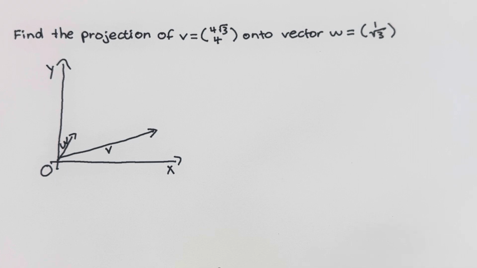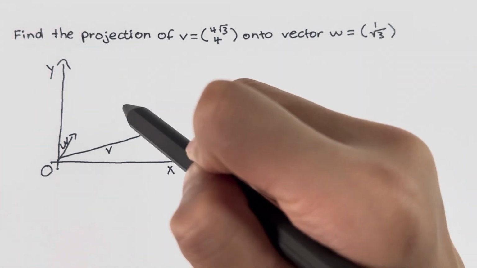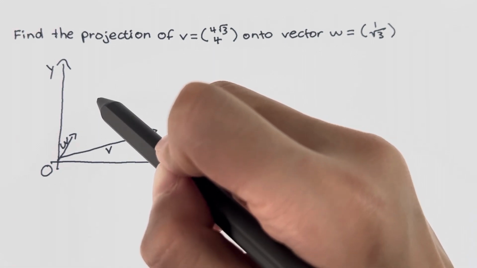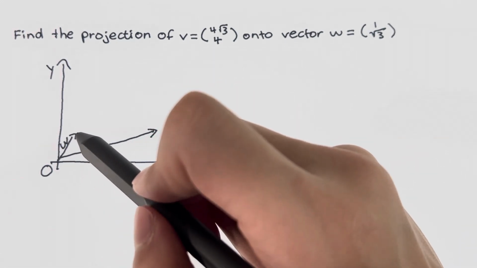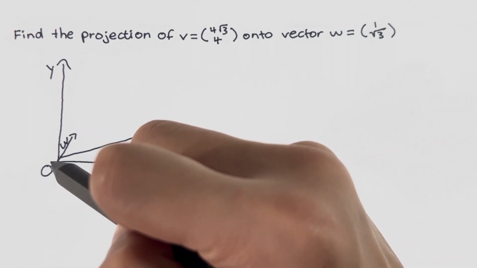Then we draw the line K containing w, because for projections, you have to construct perpendicular lines to the vector. But when you construct a perpendicular line, it will intersect beyond the end of w. So we can just draw a longer line K containing the vector w.